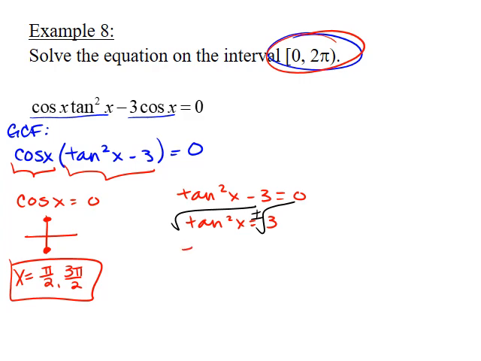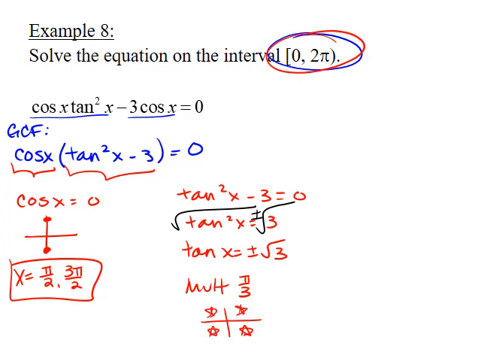So this gives me tangent of x is equal to plus or minus root 3. Okay, well, tangent is equal to positive and negative root 3 at multiples of pi over 3. And you should remember this from before. And if we're dealing with tangent being positive and negative, that is all 4 quadrants.